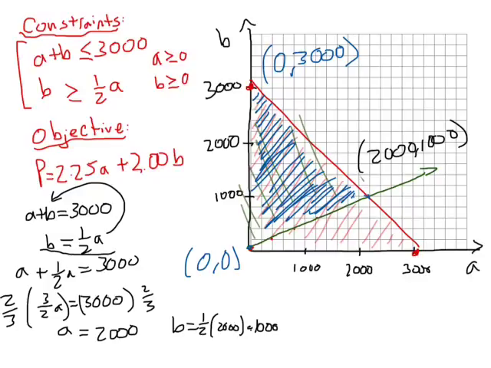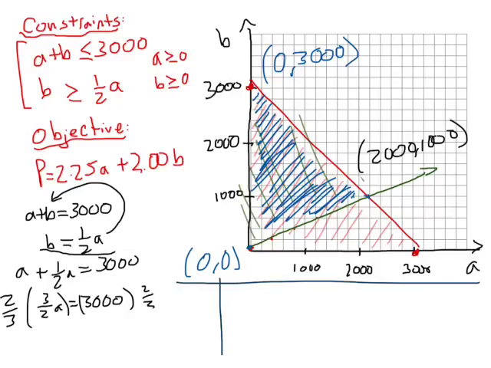All right, so we got 3 points to test. Let's go ahead and test that, and then we'll be done. So we're going to test those into our objective function. So we have these here, 0, 0. We have 0, 3,000. And we have 2,000, 1,000.